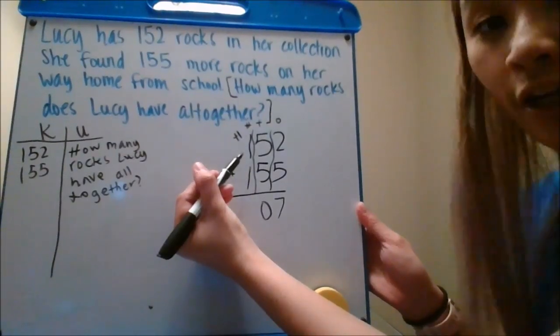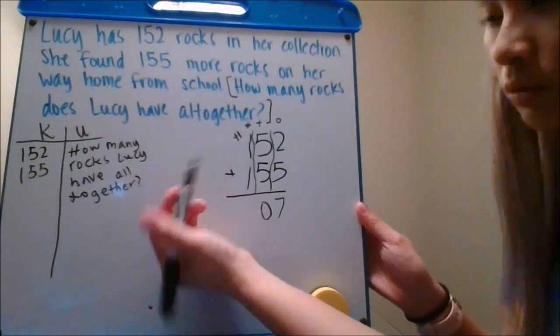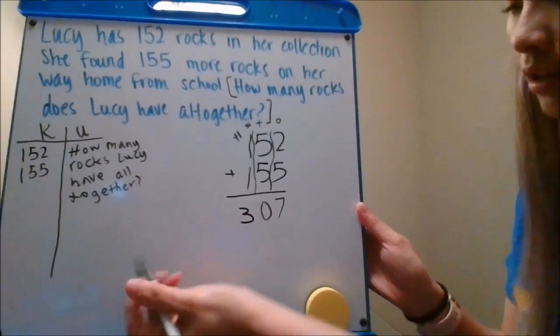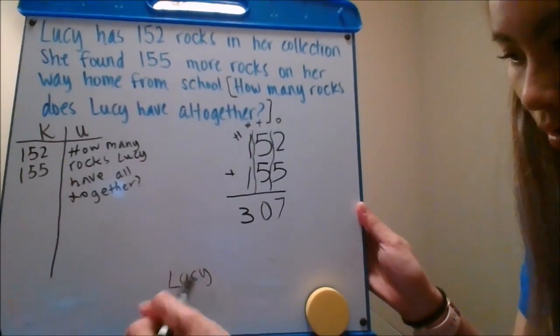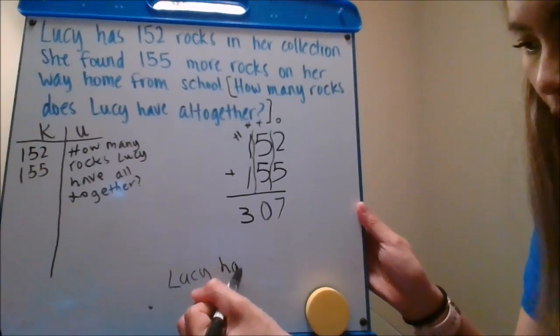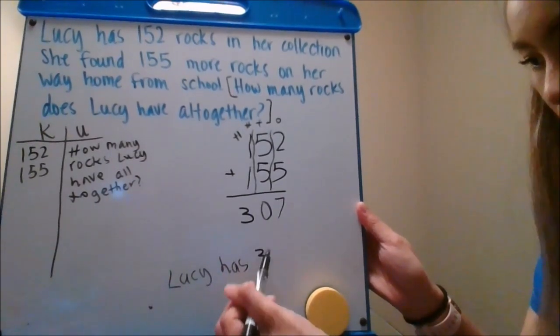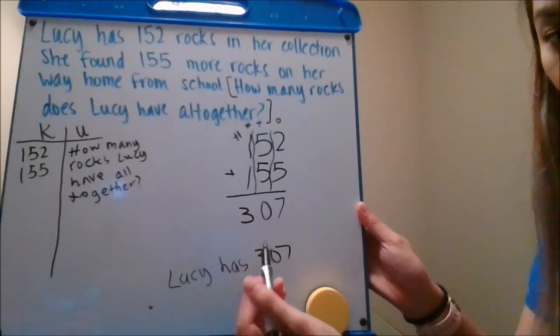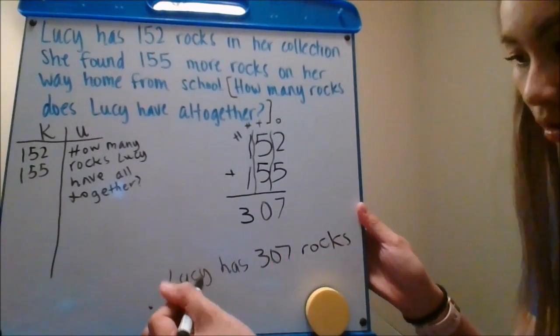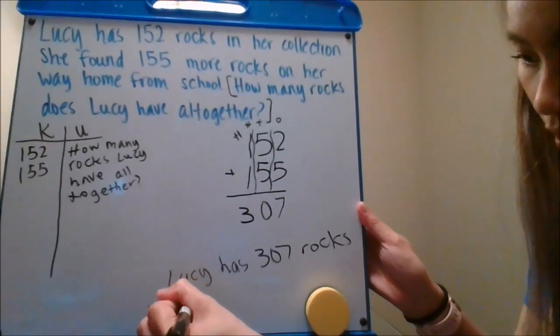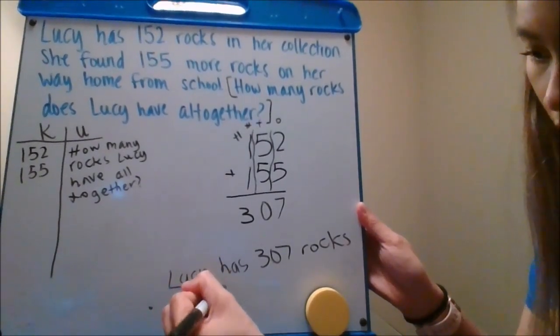So 1 plus 1 is 2, and 2 plus 1 more is 3. So Lucy has 307 rocks altogether.